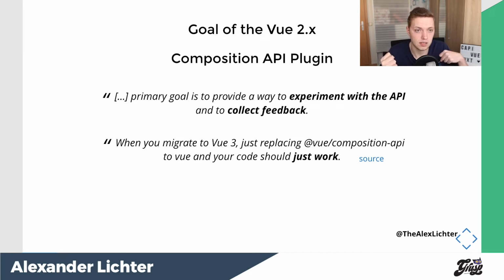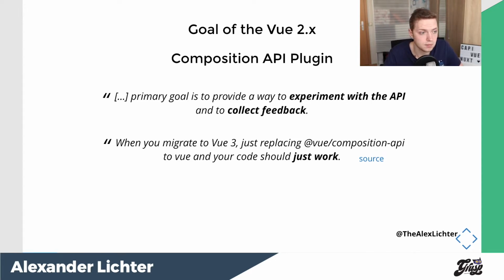So that was a very important goal, but I think right now the focus shifts more to make the API available. Of course, still experiment, see are there things breaking, and of course give feedback, especially in relation with Vue 2. And I think the second one is also quite important because at some point you want to make migration to Vue 3 easier. So ideally the code will just work, maybe some minor changes, but that's something you should never underestimate, and also an important goal here.